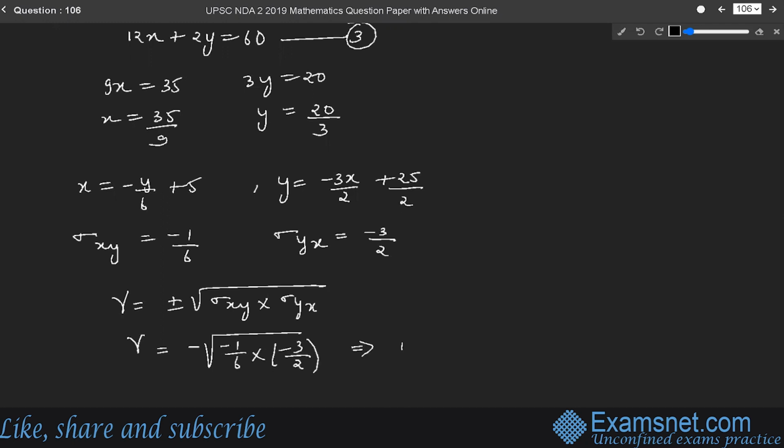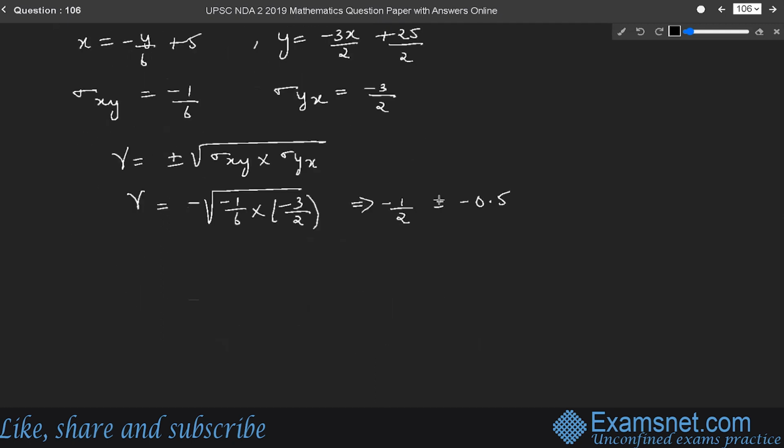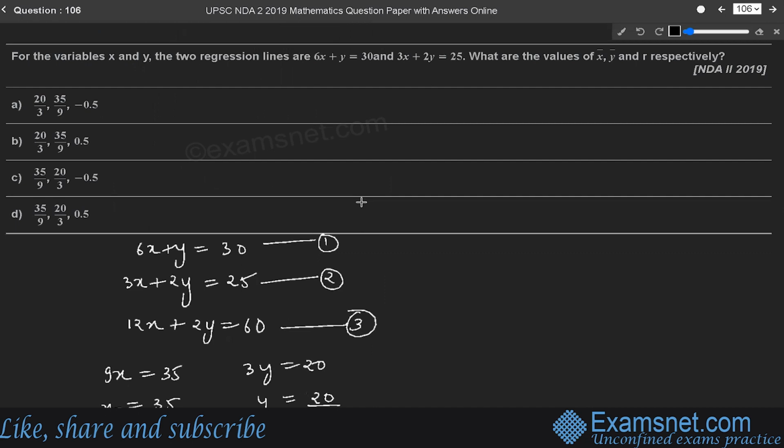So it will be equal to 1 by 2, which is equal to minus 0.5. Since a negative sign is present here, therefore we can say that the values of x, y and r are respectively 35 by 9, 20 by 3 and minus 0.5. Therefore, the correct option here is option number C.